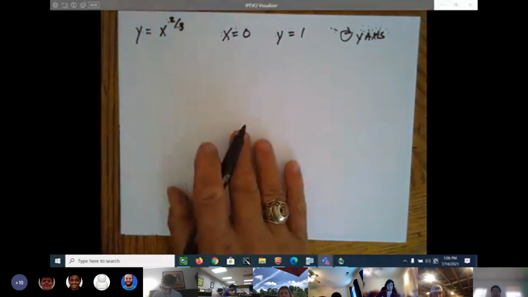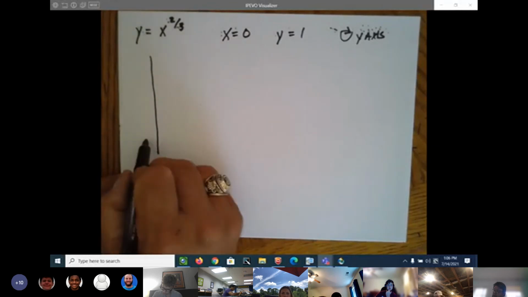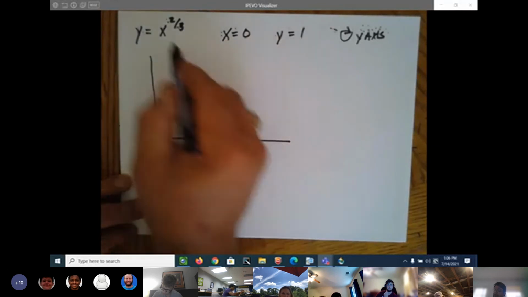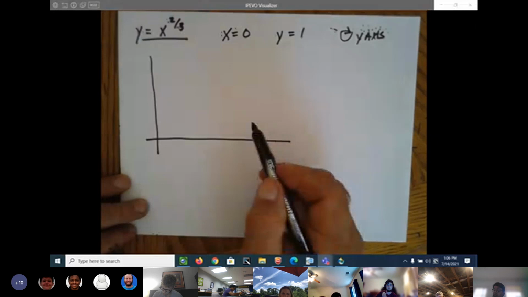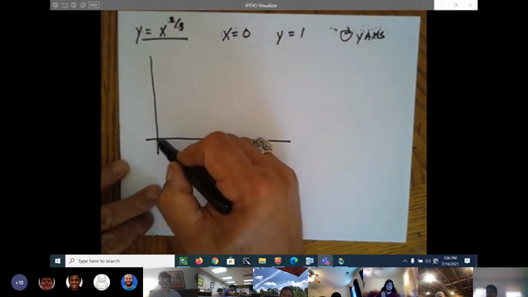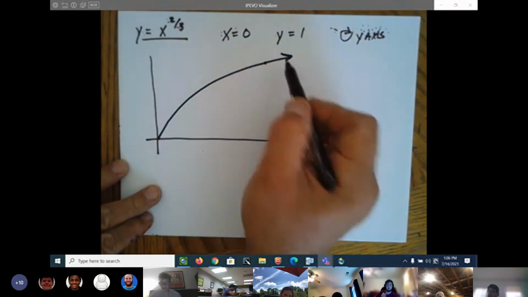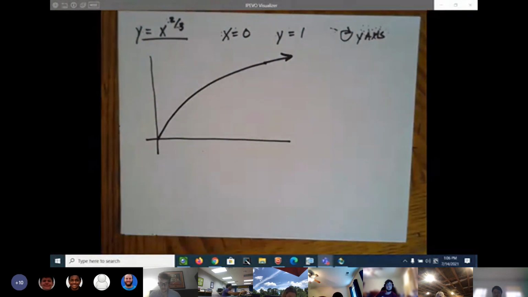All right, I'm going to draw it for you. The function is y = x^(2/3), and it's going to look like this. X is equal to 0. Somebody tell me what x equals 0 is.